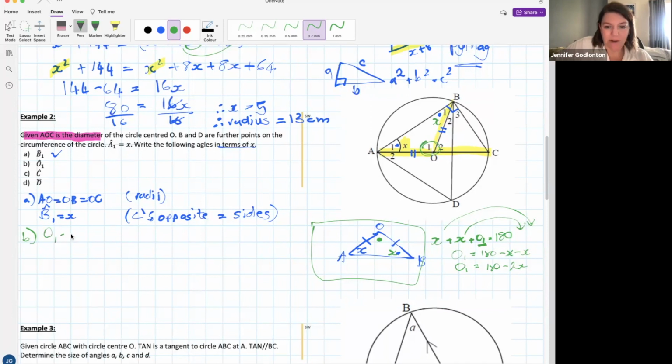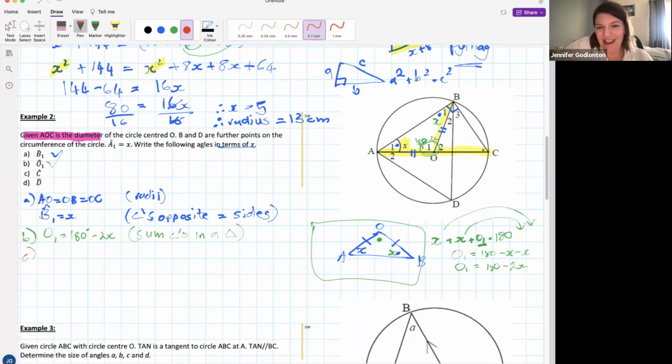O1 is going to be equal to 180 degrees minus 2x. And my reason is going to be sum of angles in a triangle. Okay. So now we know that this dude over here is 180 minus 2x. You could have also said exterior angle of a triangle, but let's just keep it easy for now. Cool. So we've done B.